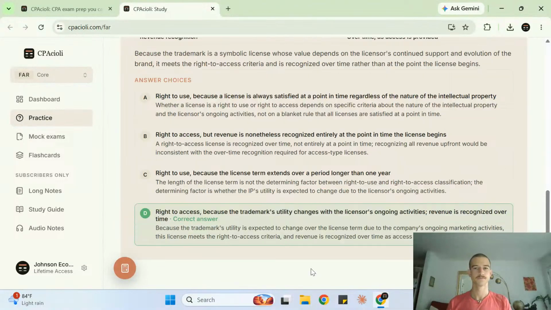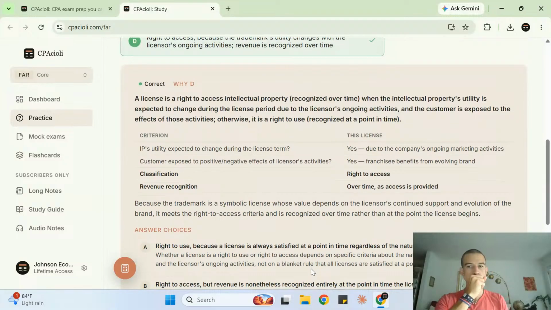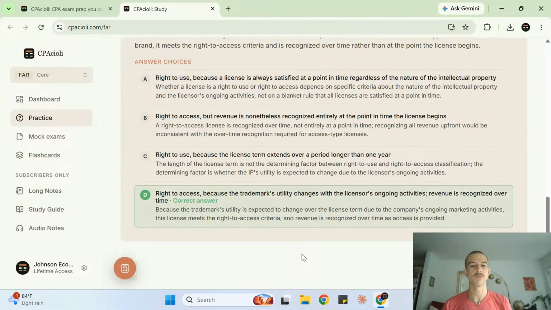Cool. Because the trademark's utility is expected to change over the license term due to the company's ongoing marketing activities, this license meets the right to access criteria, and revenue is recognized over time as access is provided.